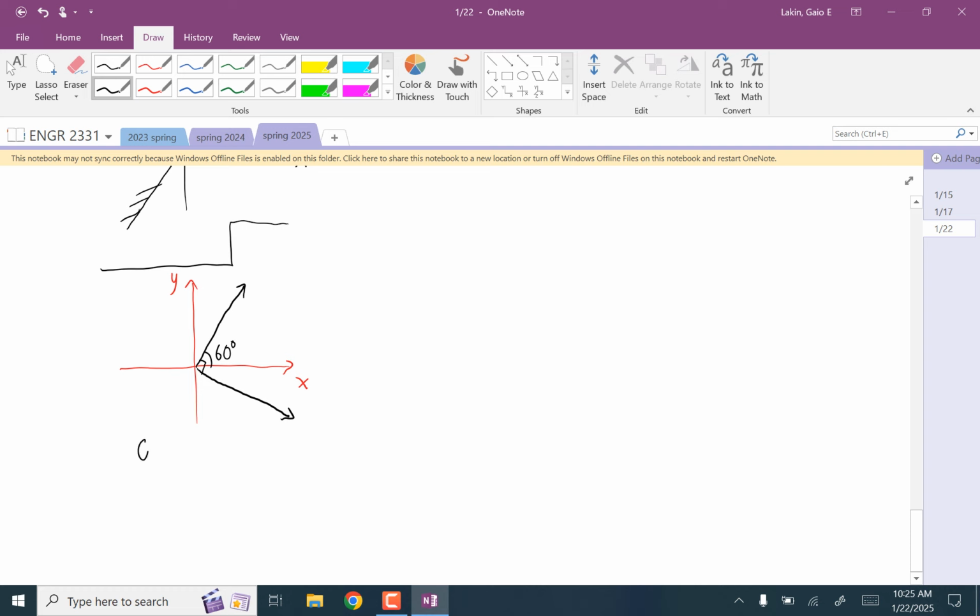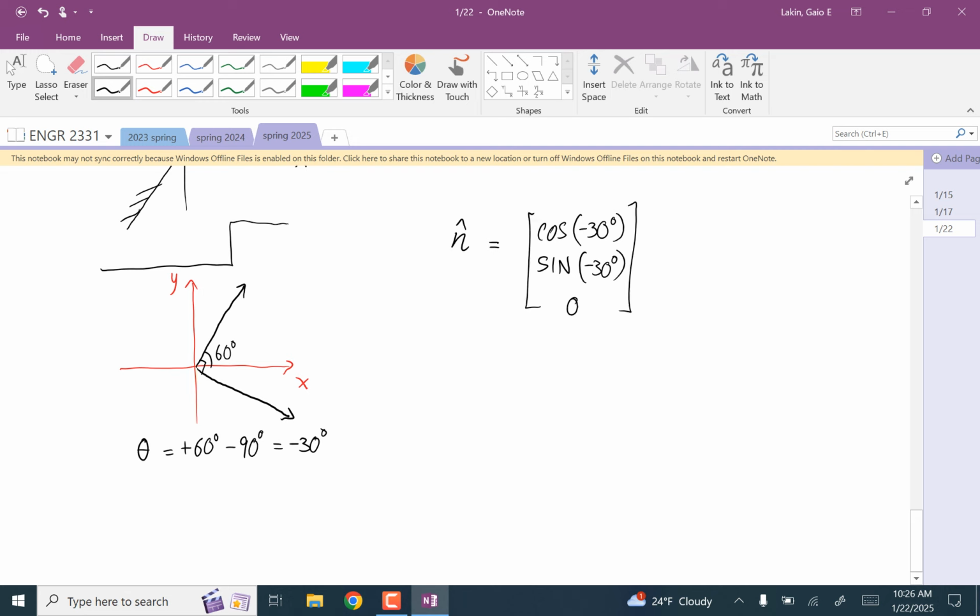So the theta for this would be, you'd go counterclockwise 60, then you'd go clockwise 90. So your angle is negative 30. And so then that outward facing normal vector is cosine of negative 30, sine of negative 30, 0. And so that's 0.866, negative 0.50, 0.